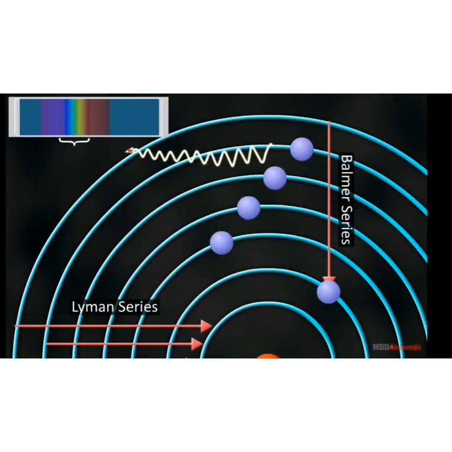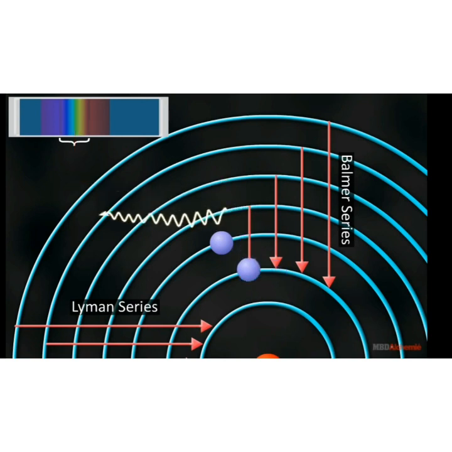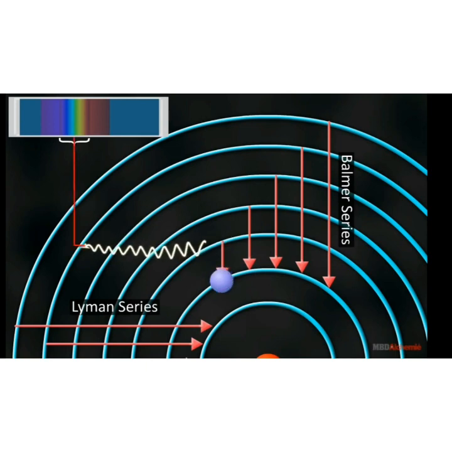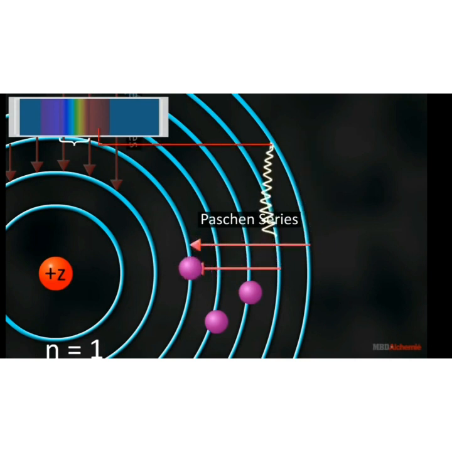When a transition from higher orbits to the second orbit occurs in the atom, the Balmer series is obtained. The values of frequencies obtained in this transition lie in the ultraviolet region of the electromagnetic spectrum. When a transition from higher orbits to the third orbit occurs in the atom, the Paschen series is obtained.